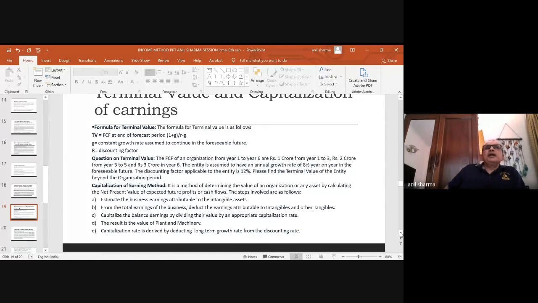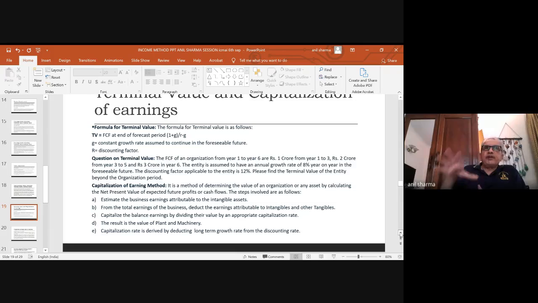So you will basically get the land and building valuation separately, subtract it from the business, from the present values that you've achieved from there. Again, take off the intangible assets का जो valuation है, that will be subtracted from there. The remaining will be your plant and machinery valuation. So this is how you generally do it.